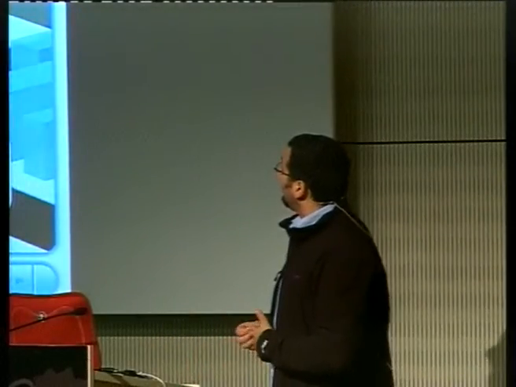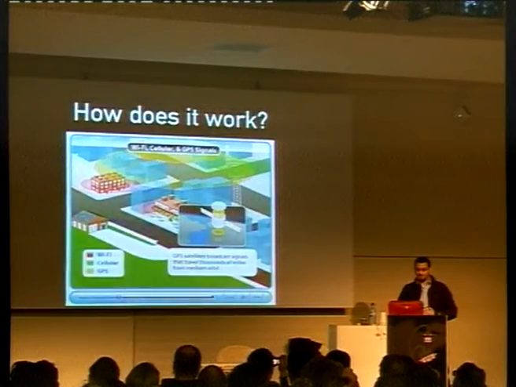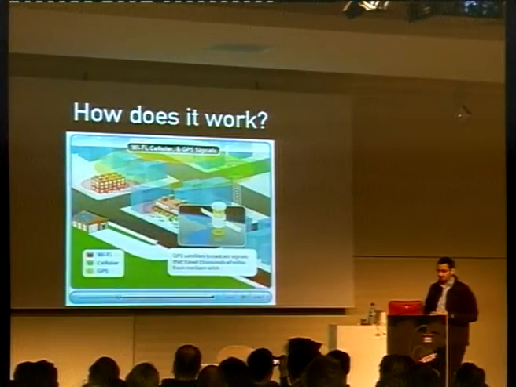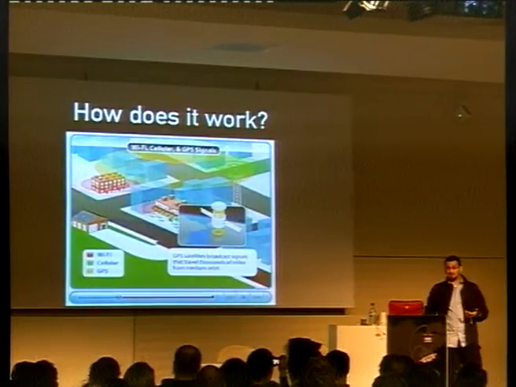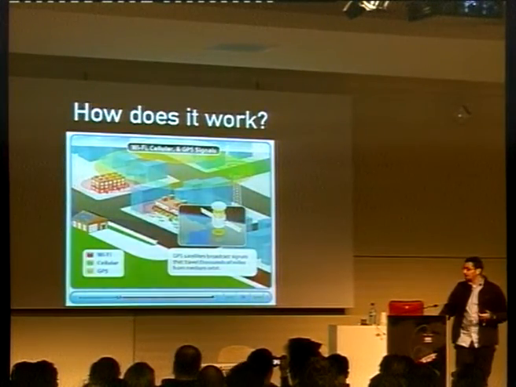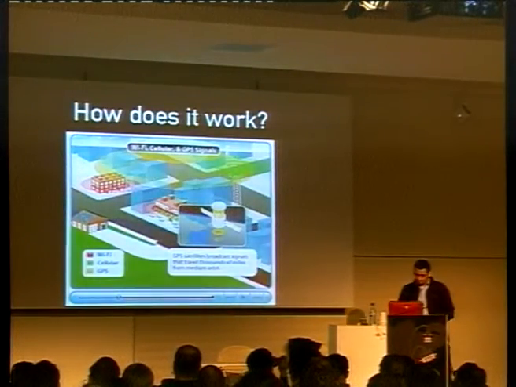Okay, so how does Skyhook Wireless work exactly? As I said before, the BSSIDs of the Wi-Fi networks are scanned and reported with the signal strengths, but it's not only that. It's of course also the cell tower ID. It's the GPS, as we said before.